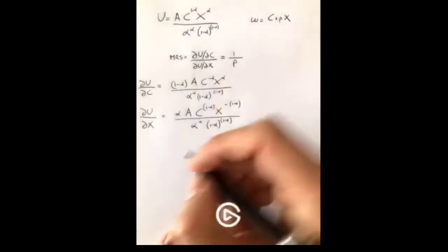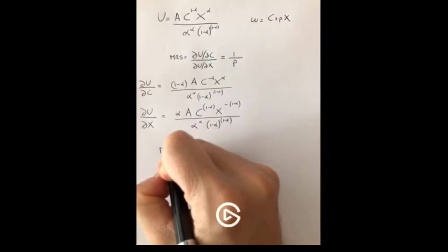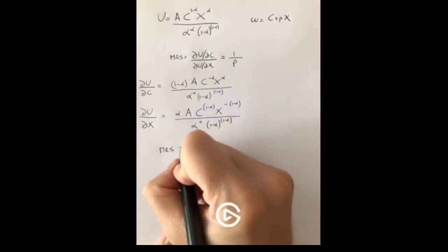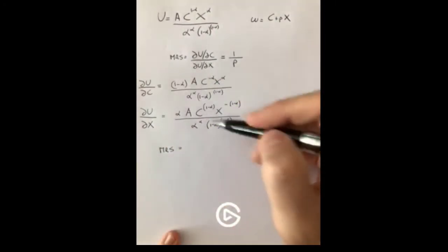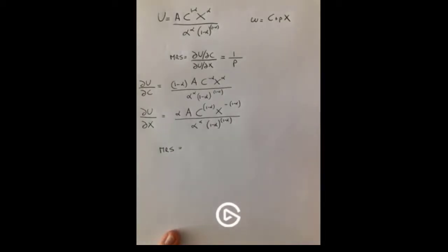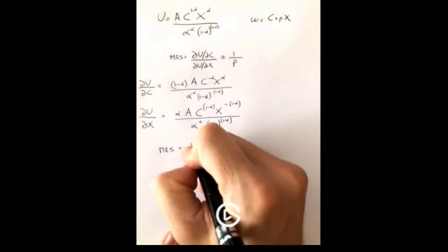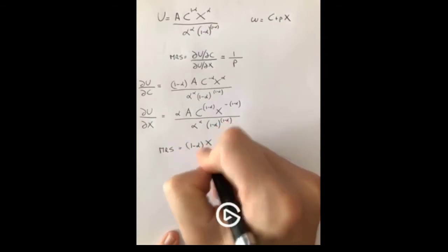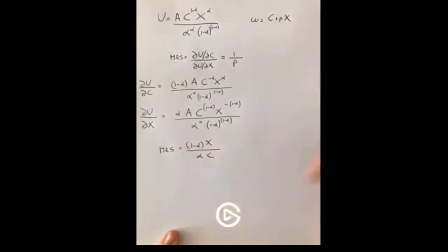Now the marginal rate of substitution is equal, in this case, if I take the ratio of these two things, to (1 minus alpha) X divided by alpha C. So try to take the ratio of these two. You can see a lot of things simplify.